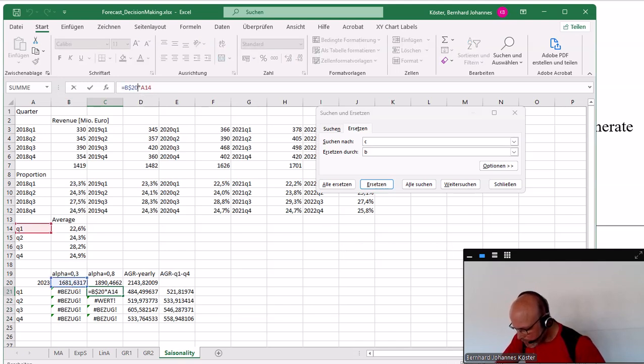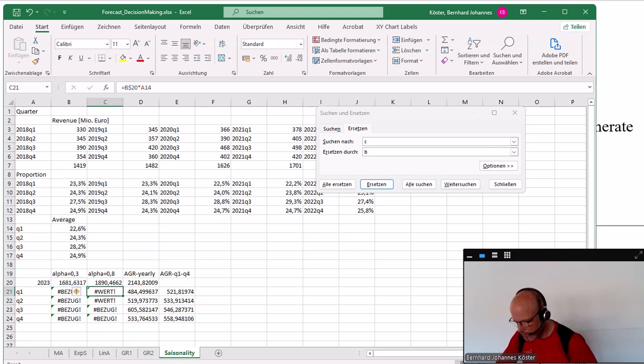B20 times A14. And even this should be, no, this works. And the C is okay, but the A is wrong.